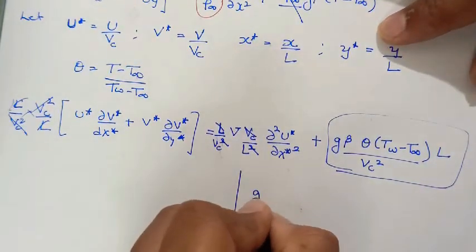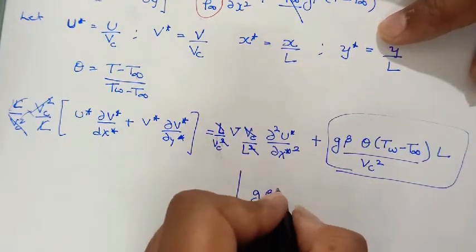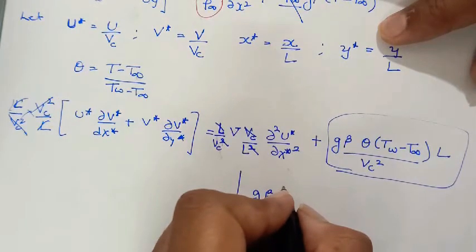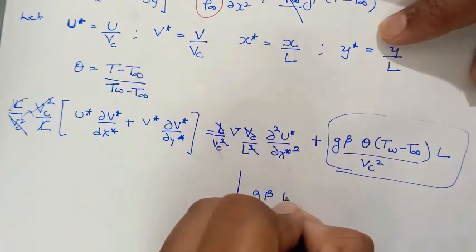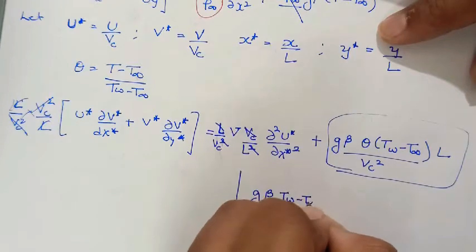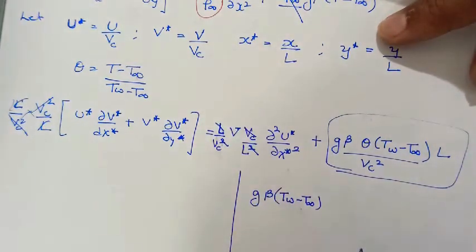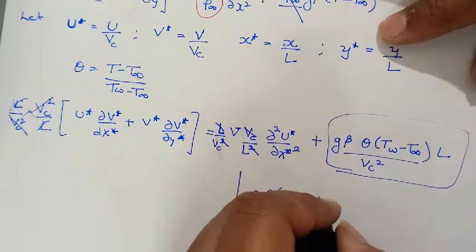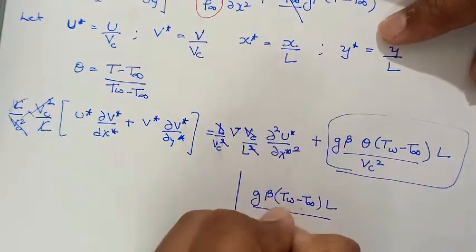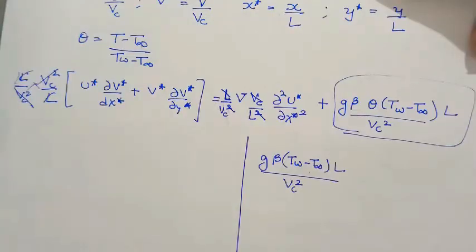This is G beta (Tw minus T infinity) into L by Vc square.